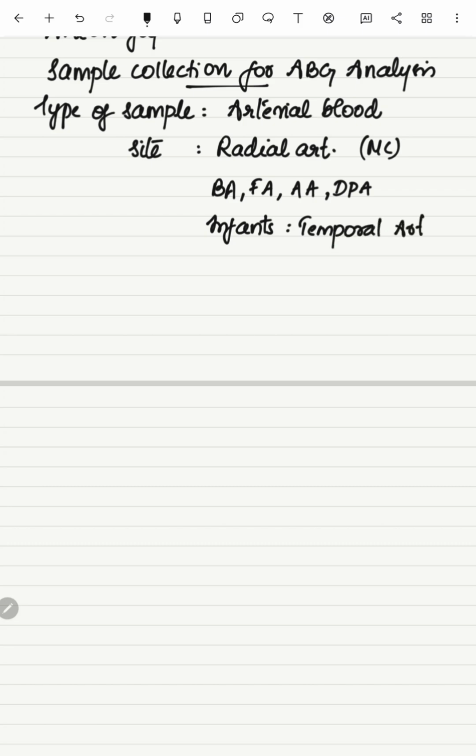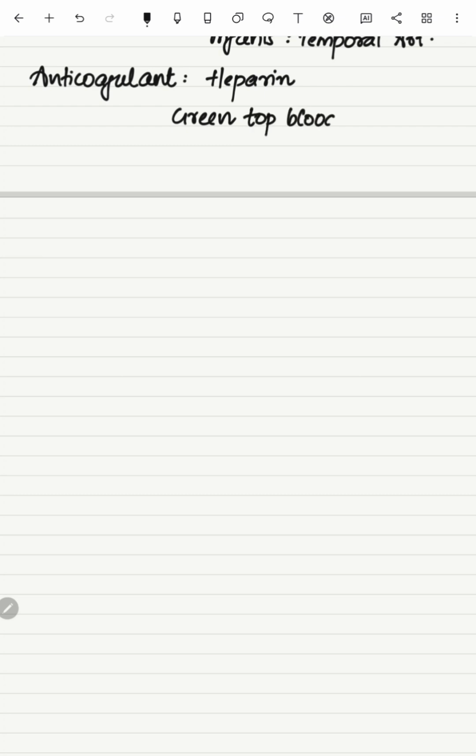Now, we are going to discuss the anticoagulant which can be used for the sample collection. So, the anticoagulant of choice for ABG samples is heparin. As we all know, heparin tubes are green top blood collection tubes which we use in biochemistry laboratories.